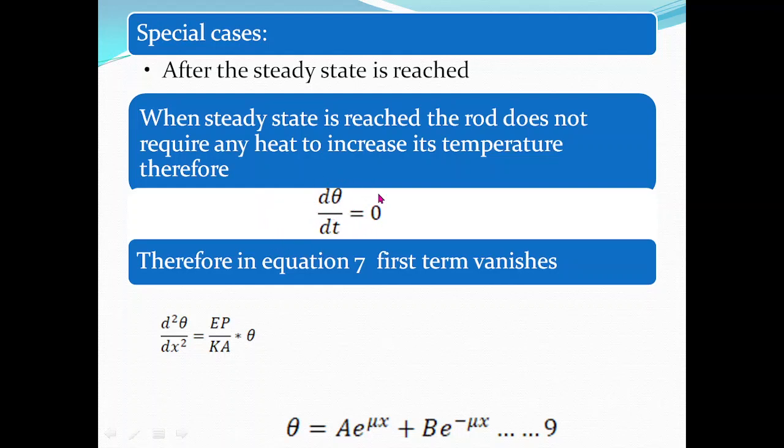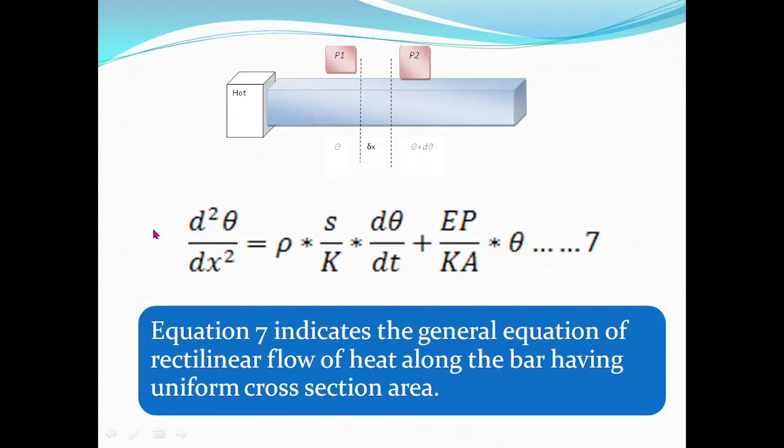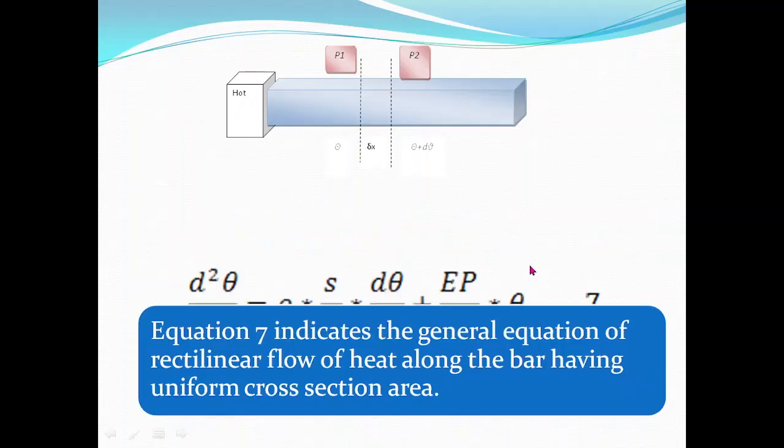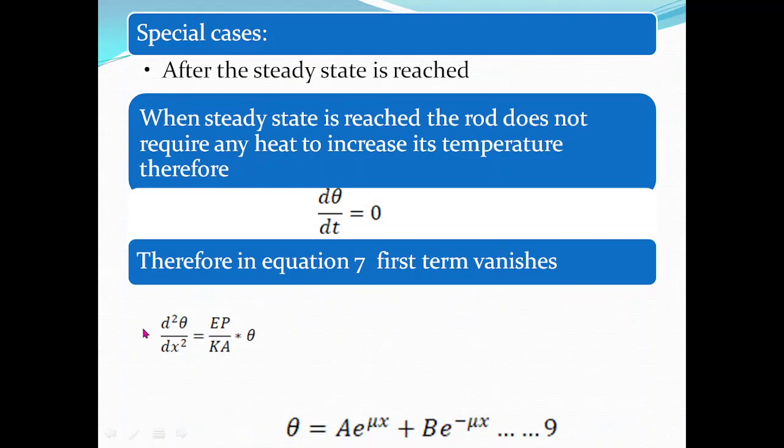Therefore in the above equation, the first term in equation 7 becomes equal to 0, and the equation of rectilinear flow of heat becomes d2 theta by dx square equals ep upon ka into theta.